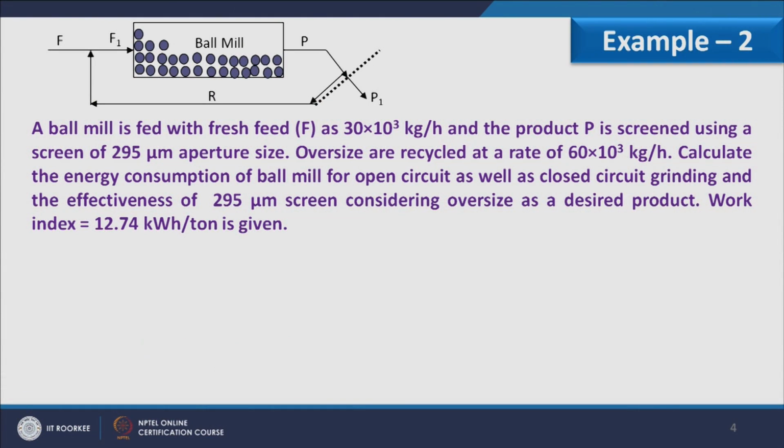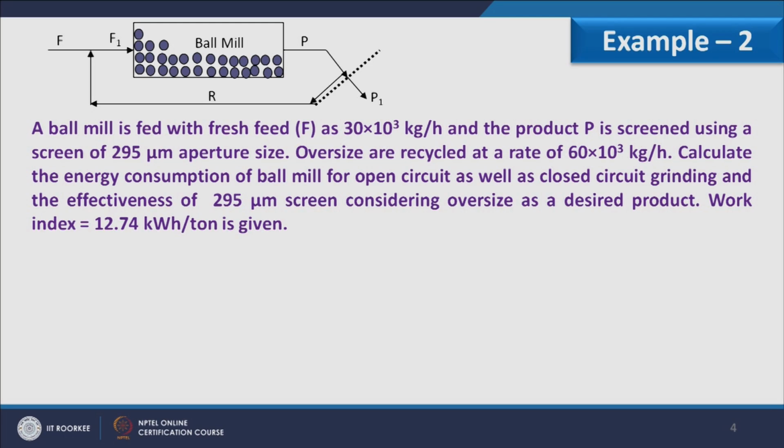For this problem work index is given to us, that is 12.74 kilowatt hour per ton. Now, as we know that work index is related with Bond's law, so we have to calculate energy consumption in this example using Bond's law.